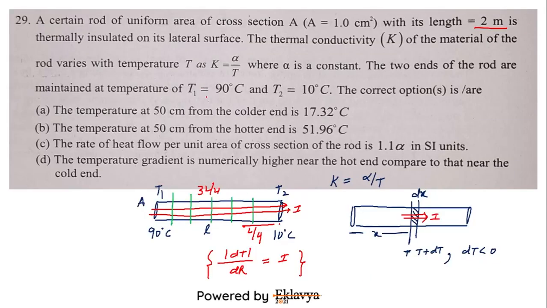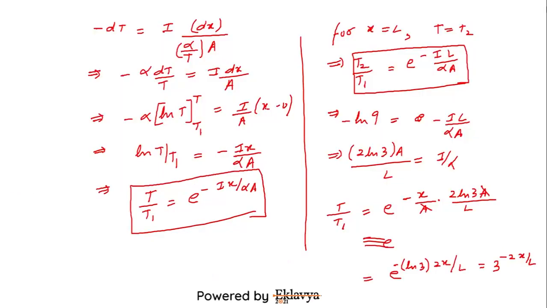Now to check option A, we have to substitute x as 3L by 4. So this will become 1 upon 9 raised to the power 3 by 4.